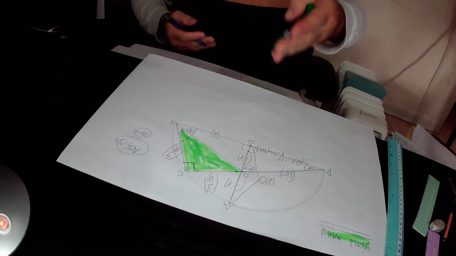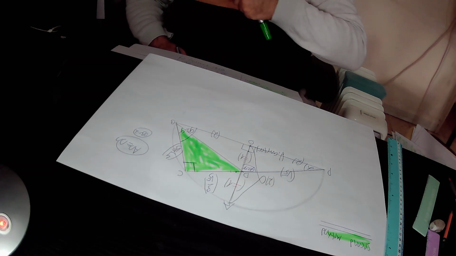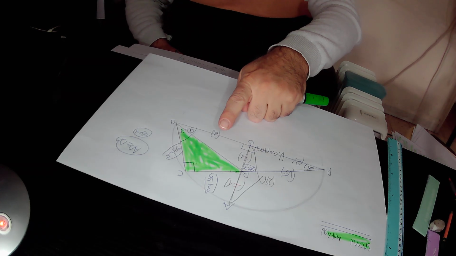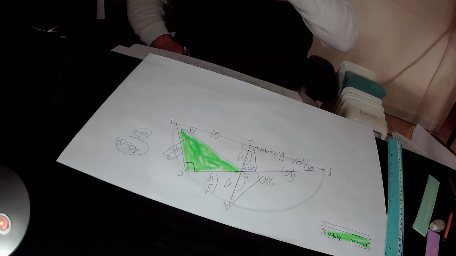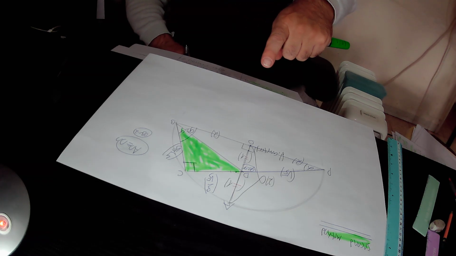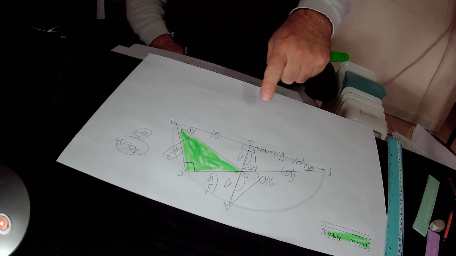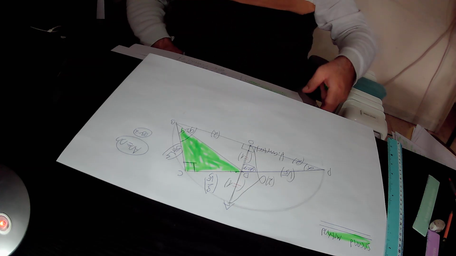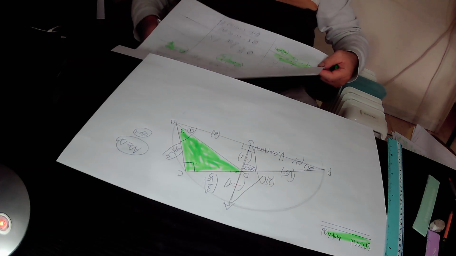Now it is very easy to find the area of this green shape. This is actually the area of this right triangle DCB. The area of the given right triangle DCB equals the base DC times the height CB over 2. So I write it down.